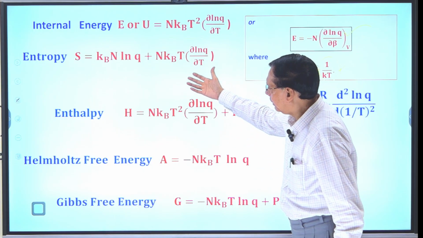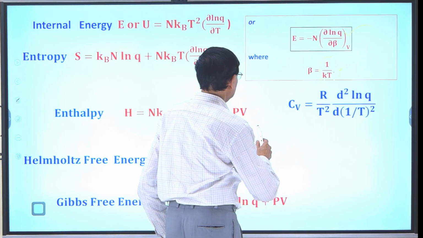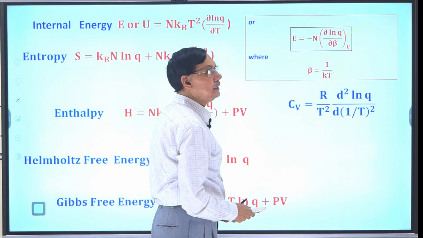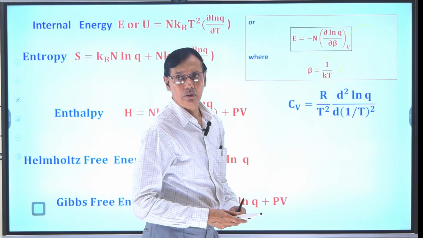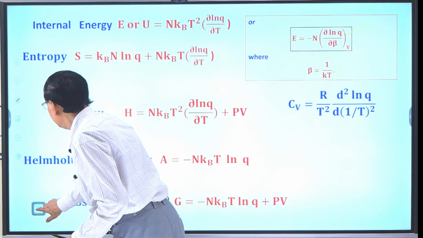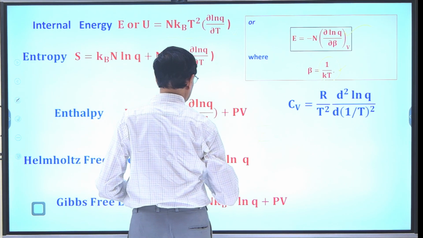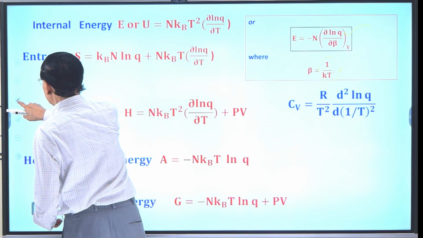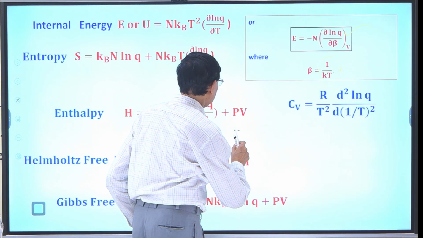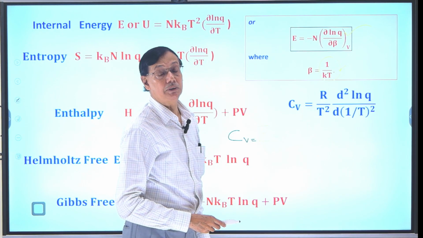If you know one formula, for example, if I know the value of E and I have to calculate CV, suppose I want to calculate CV, the molar heat capacity at constant volume.